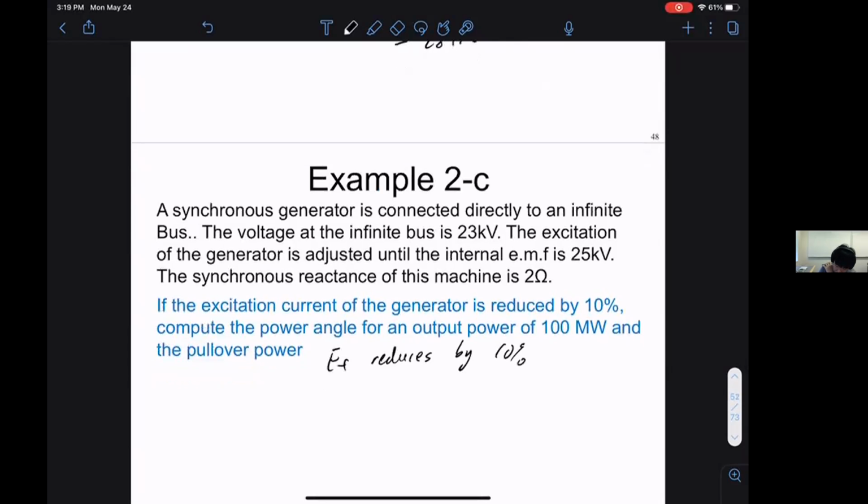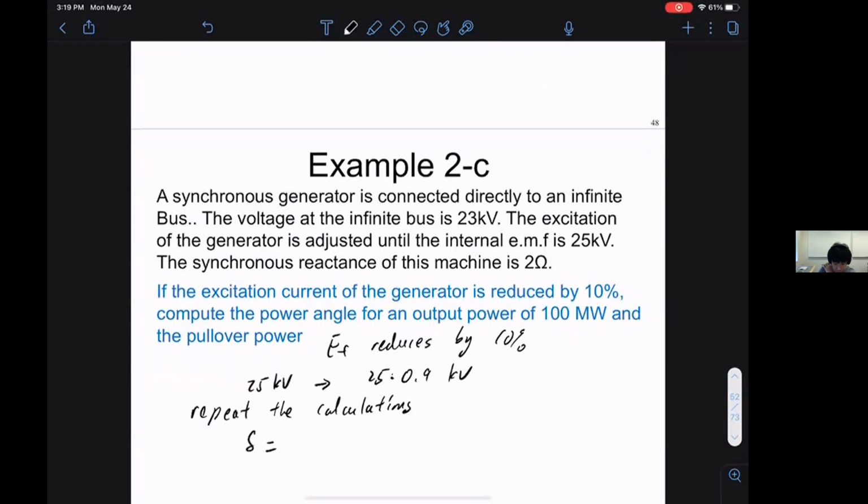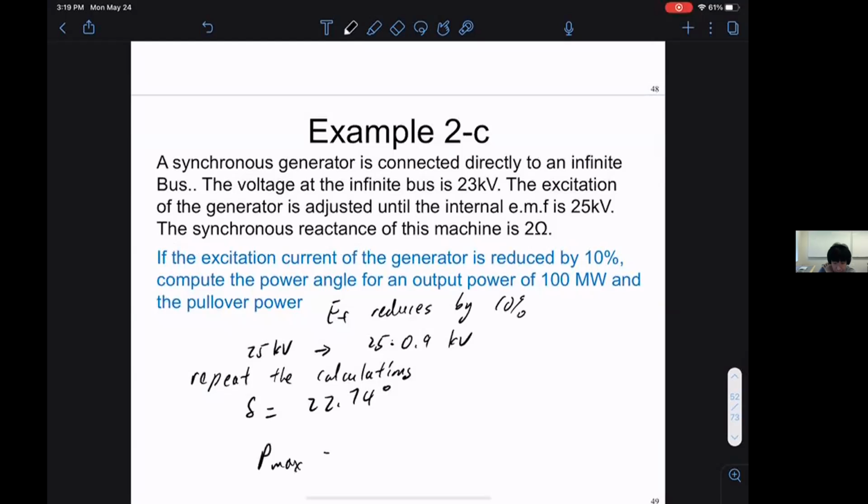EF reduced by 10% means 25 kV goes to 25 times 0.9 kV, and we repeat the calculations. We get delta equals 22.47 degrees, and P max is 258.75 megawatts. So this is the style of question we have. Any questions about this?